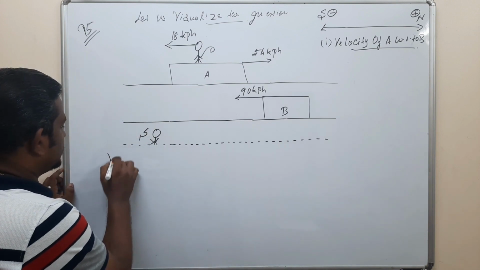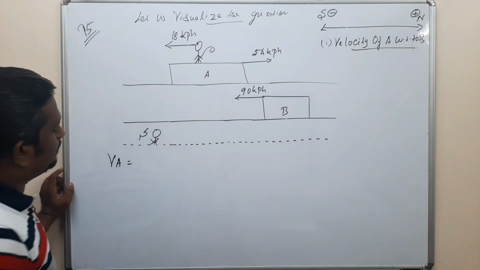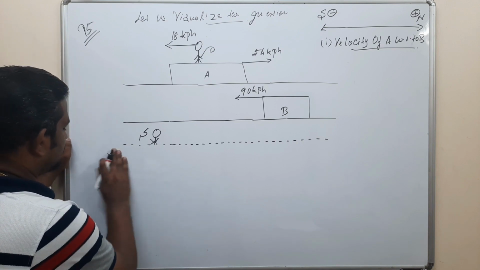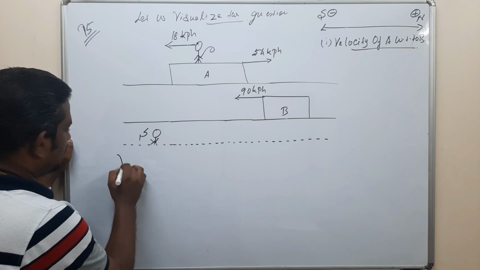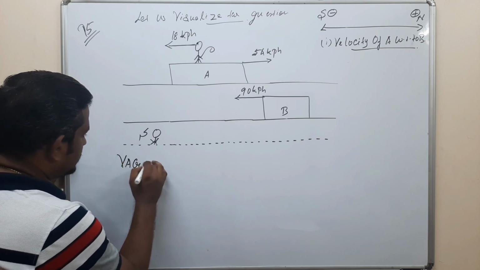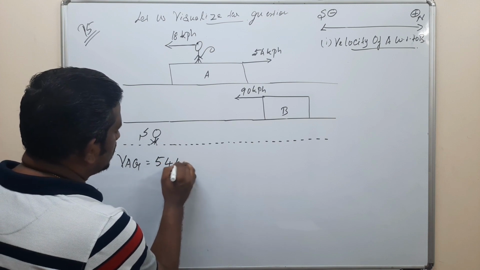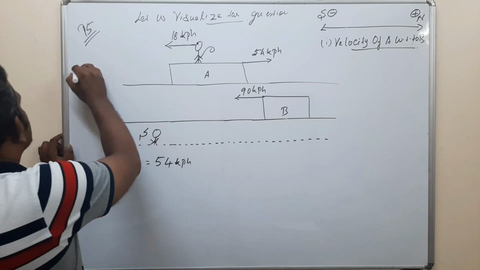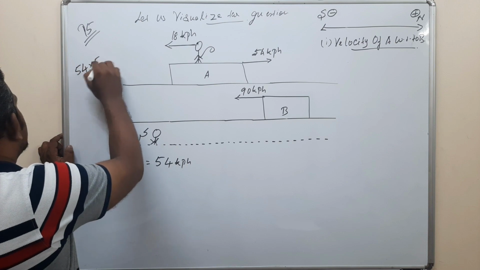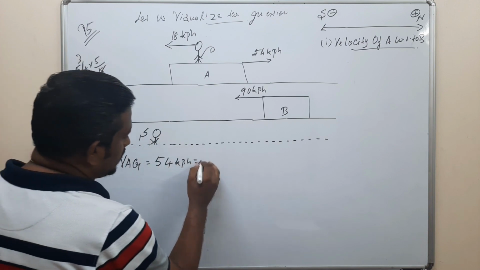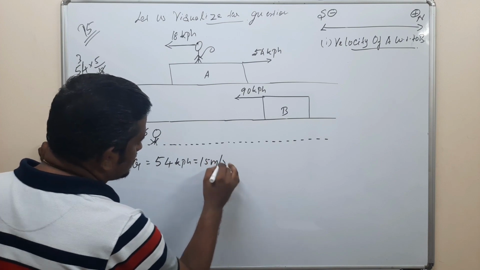So velocity of train A with respect to ground, VAG, is 54 kph. 54 into 5 by 18 is 3 times 5, so 15 meter per second.